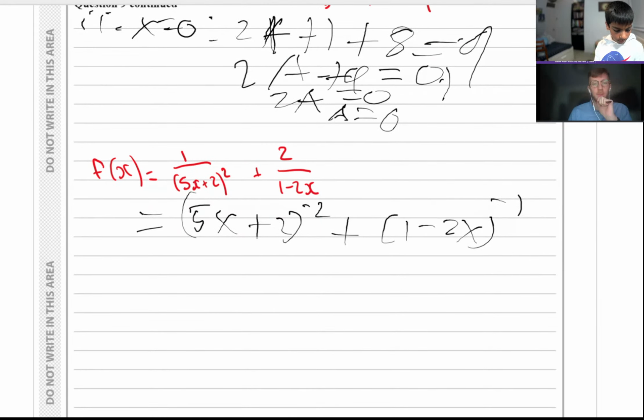Good. And if we split it up, then let's find the binomial expansion for this.